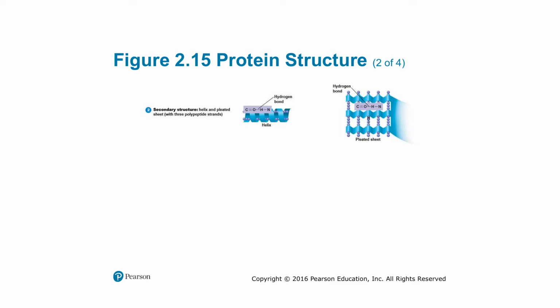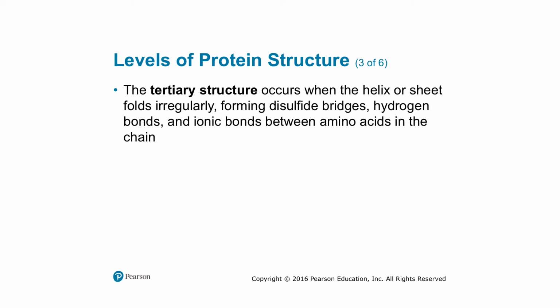They start to fold on themselves, like if you've ever seen an accordion, it's got the bellows and it can stretch and then compress. The alpha helix is going to create some spirals, and so when you look at a protein, you might see a spiral or some type of sheet like that, and that's what they're talking about.